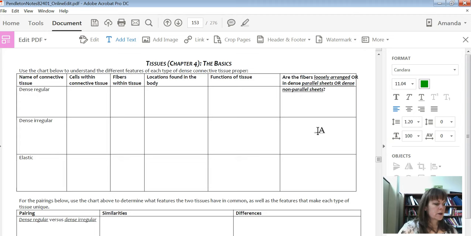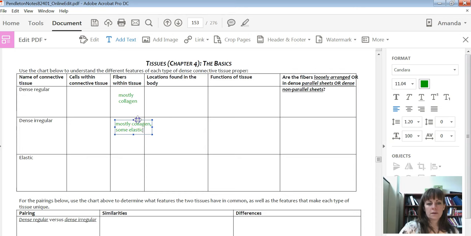Okay. So again, all of these have fibers. Dense regular is going to have mostly collagen. Dense irregular is going to have mostly collagen. It will have some elastic.